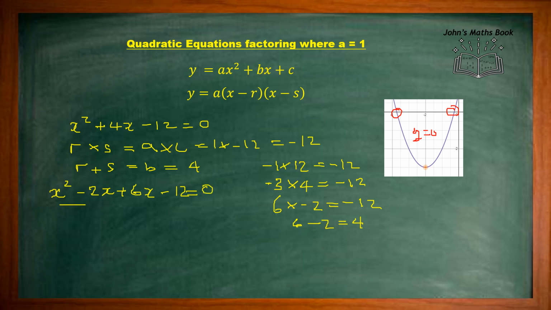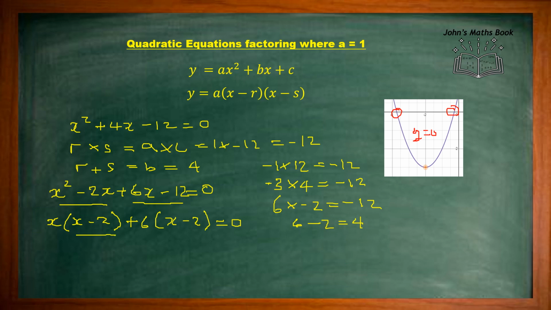If we look at this part of the expression first, we can remove x from it, and that gives x into (x minus 2). And if we look at the second part of the expression, if we take 6 out of that, we get plus 6 (x minus 2) equals 0. So now we have a common term, x minus 2.